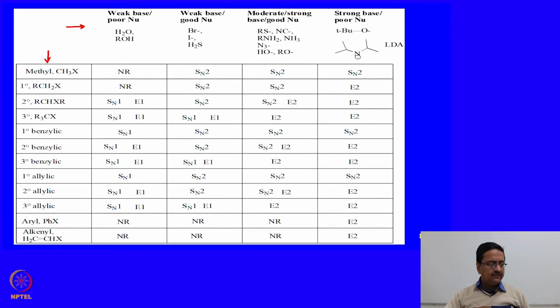In the last lecture, we concluded with this slide where we listed the possible compounds on which these substitution and elimination reactions can be conducted with different bases and nucleophiles, and what would be the most probable products, and wherever we have a competition between SN1 and E1 or SN2 and E2. We would now try to see these variations using a few examples.